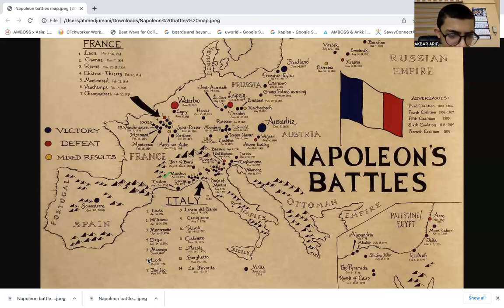With that, a minor victory at La Favorita, and then the final hit. When I say final hit, I mean the final hit to all of these campaigns ended at Mantua. In the Battle of Mantua, Napoleon destroyed the Austrian army.